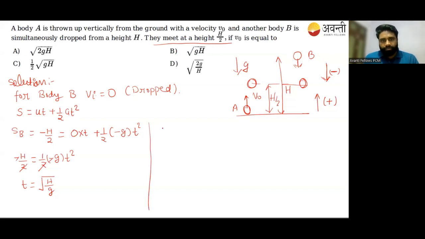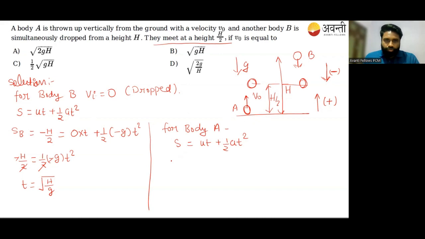So for body A, we are going to apply the same equation. S is equal to ut plus 1 by 2 times a t square. What is the value of S for ball A? It is plus h by 2 because it has covered in upward direction.